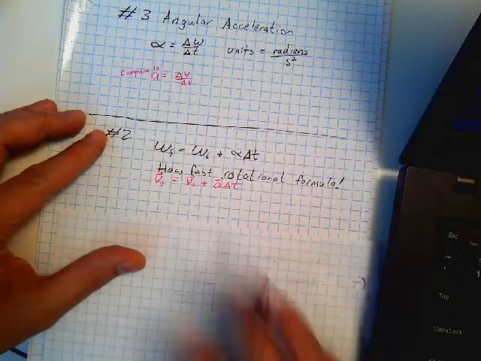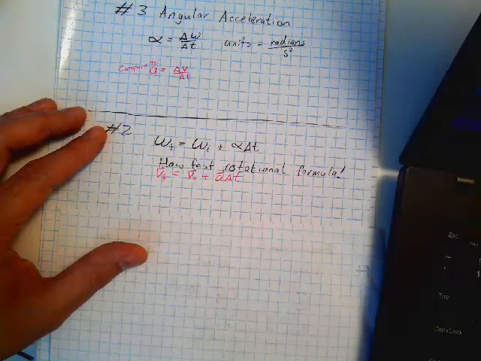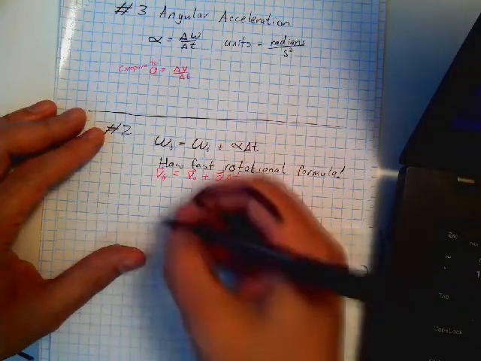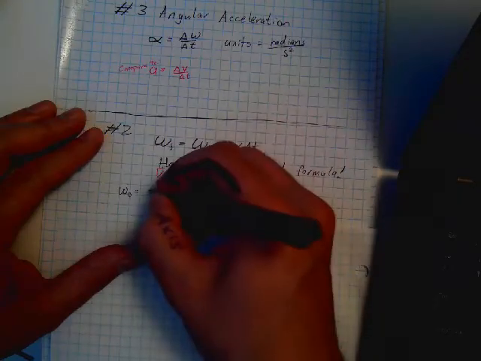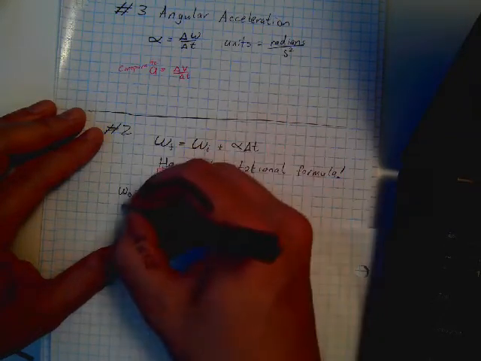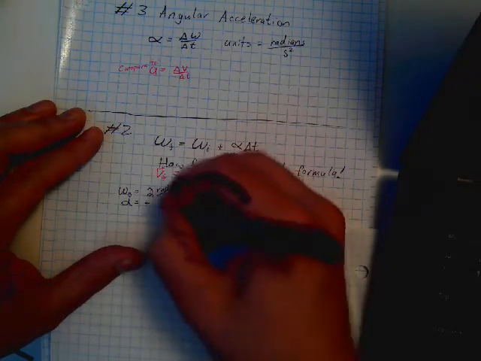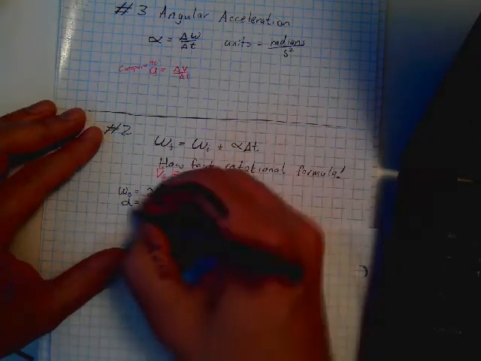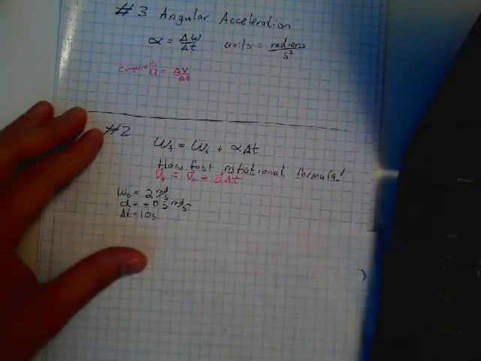So now we can figure out how fast something's rotating if we know its angular acceleration and how long that angular acceleration lasts. For instance, if I had a spinning wheel spinning at 2 radians per second, and then it has an acceleration of positive 0.5 radians per second squared, and we accelerate for 10 seconds, that's just the simple plug and chug formula.